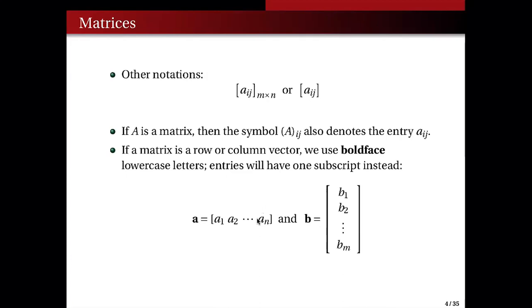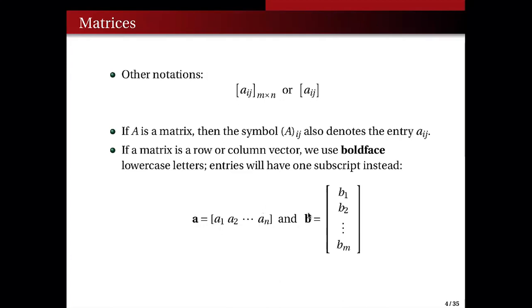You know that there's only a single row, so you don't have to put the subscript for the row. Which means this is your row vector a. So it's a boldface lowercase letter. Okay? And it's equal to this row vector. So the entries are a sub 1, a sub 2 until a sub n.